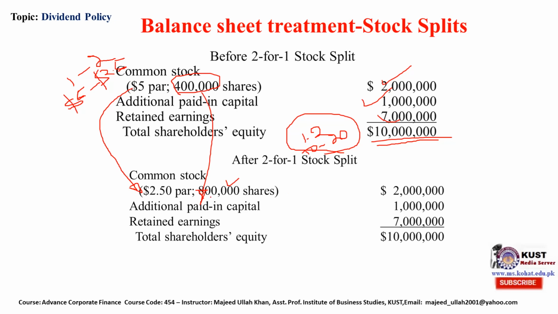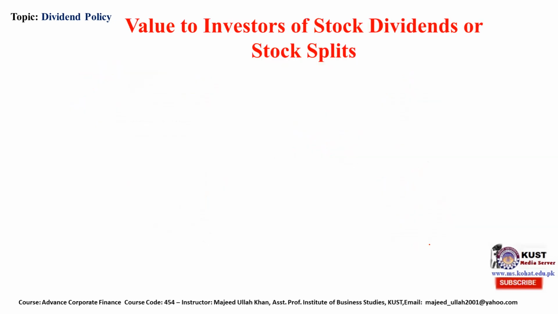So 800,000 multiplied by 2.5 becomes again 2 million. Nothing happened to the common stock total value. Nothing happened to additional paid in capital or the share premium account. Nothing happened to retained earnings. So a stock split is just increasing the outstanding shares and decreasing the par value of the company.